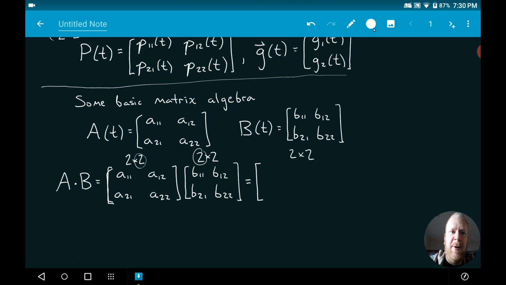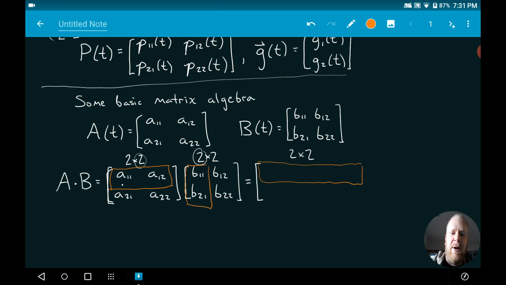This first term here, the way we do matrix multiplication is that this term, I'm going to give myself lots of room here, is going to be the first row from the first one, since it's the top row, and the first column from this one.